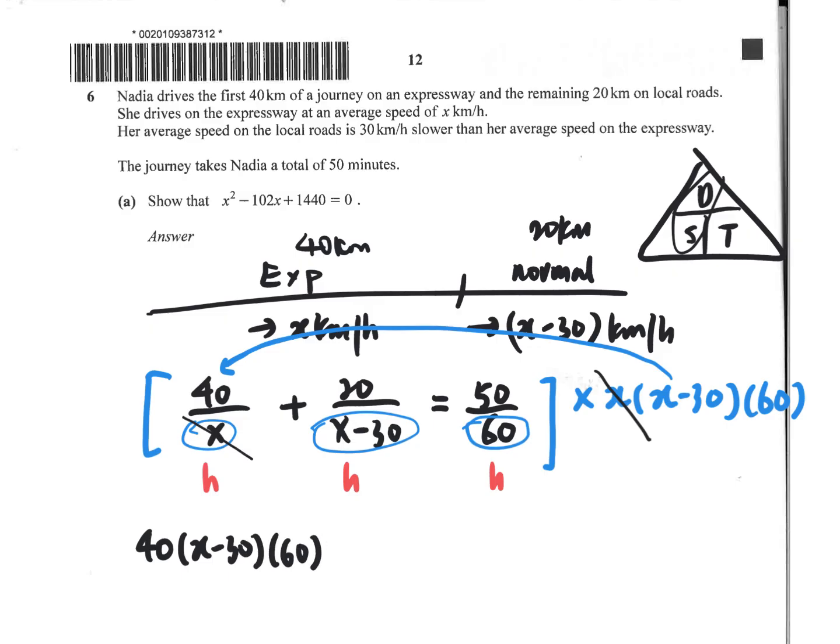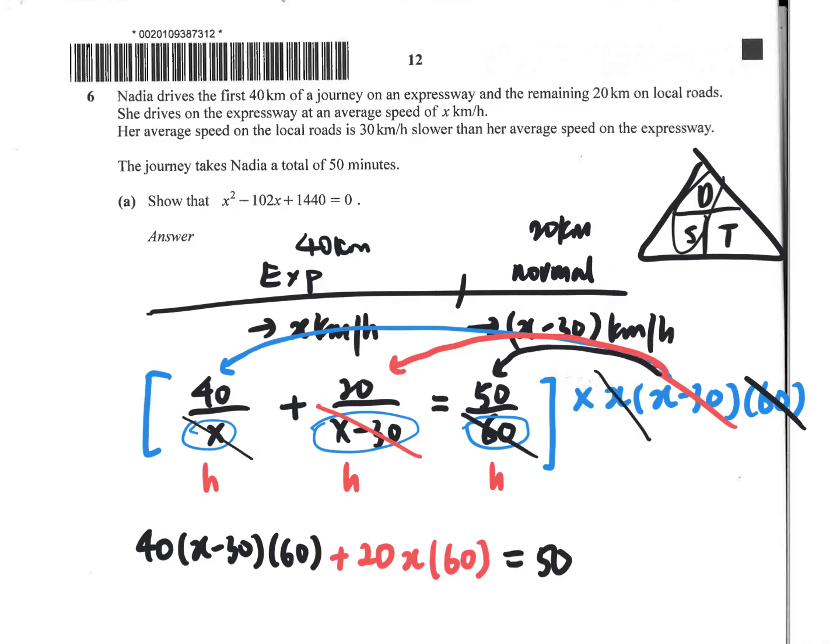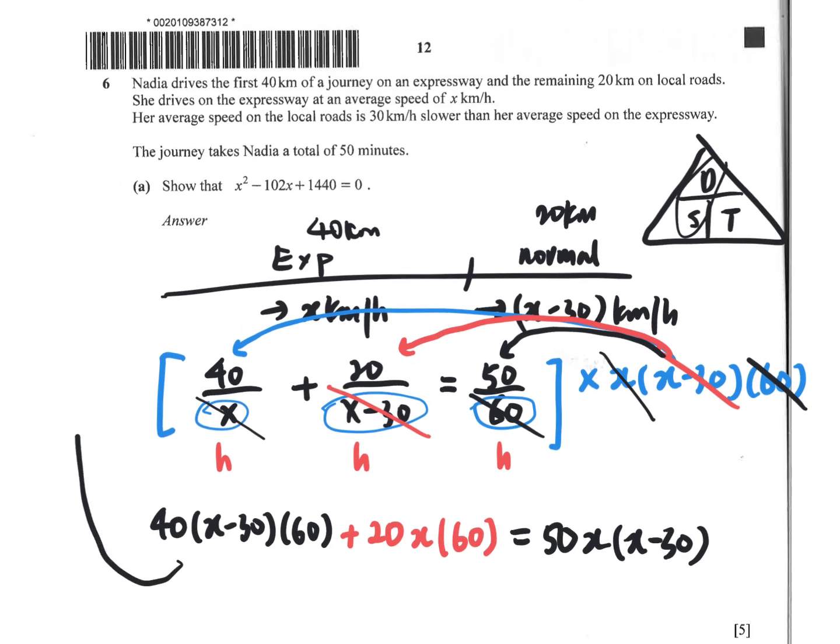Second one, this times this, the X minus 30 cancels out. So you will be left with 20 times X times 60. Then the very last one, you use this times this, so the 60 cancels out. You'll be left with 50x, x minus 30. In this way, you have no more denominator. You just expand, simplify. You will end up getting this.